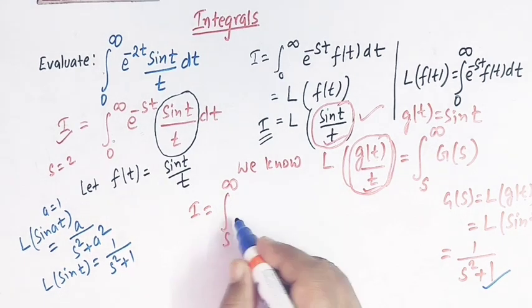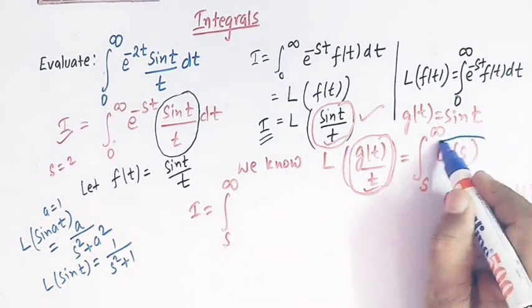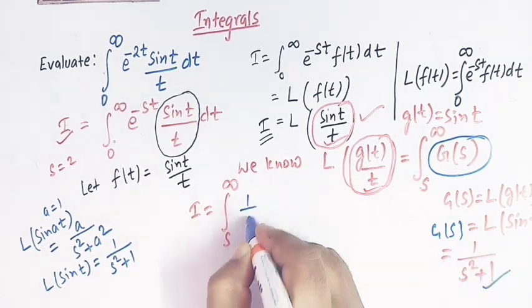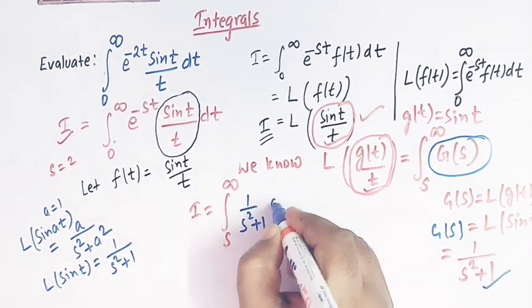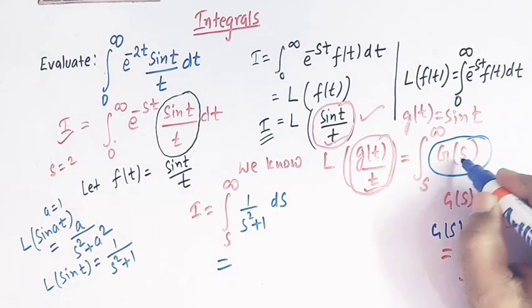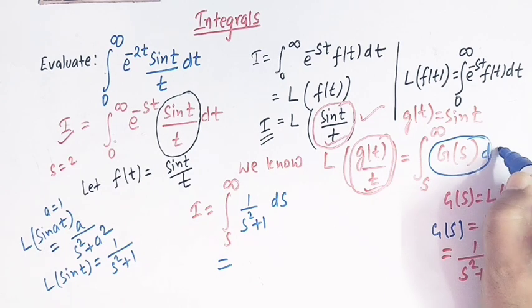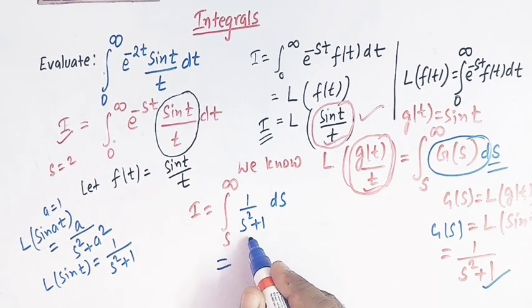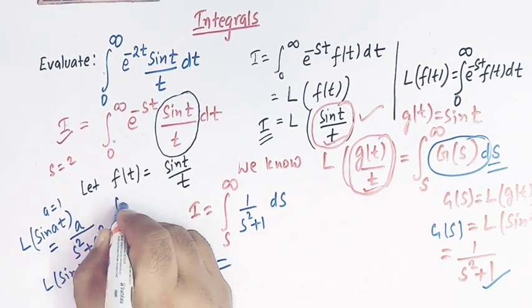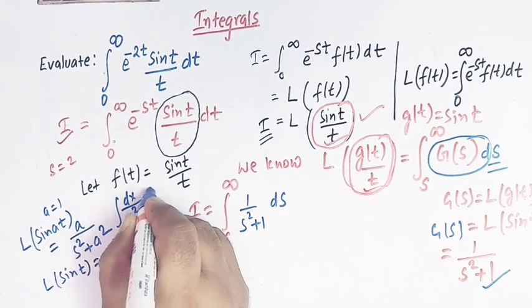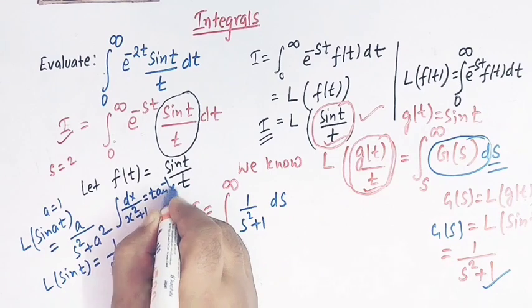So now we can take the value of g(s) as 1 over s square plus 1, right? Now we have g(s) ds also, so we have a simple integral here, because we know that the integral of dx over x square plus 1 is equal to tan inverse of x.